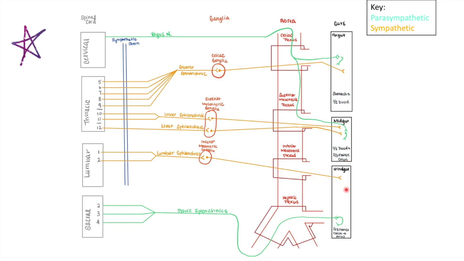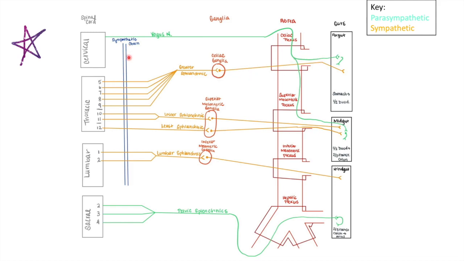So, remember earlier we had talked about before that parasympathetics, they've got long preganglionic nerves, and then they've got short postganglionic fibers. And you can see that here, where with the sympathetics, they've got really short preganglionic before they synapse, and then they've got long postganglionic.